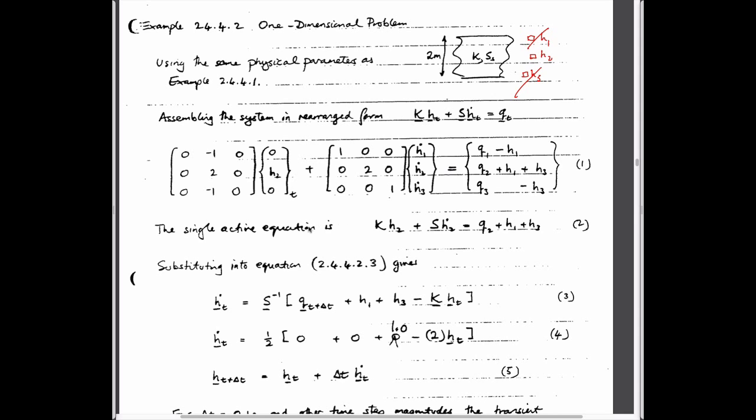And so the only expression we have is, if you like, this middle equation. If we want to take out this middle equation, we have this term here, which I think is this. We have this term here, which is this. And we have these terms here, which are these.